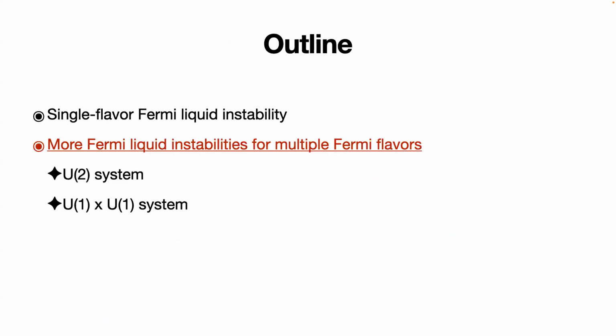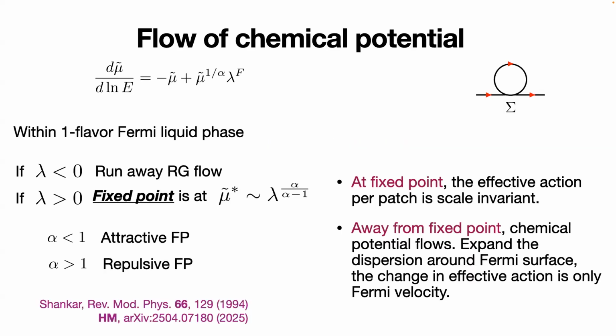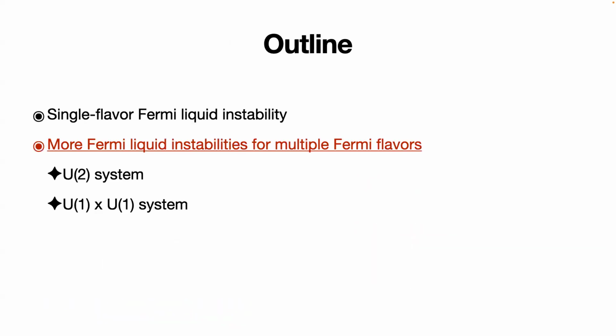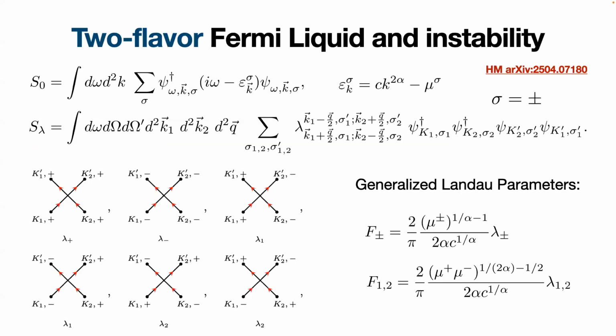Okay, so it will not affect the Fermi liquid instability, because that instability always happens at attractive interaction. But things would be different if we have multiple Fermi flavors, because we can have more Fermi liquid instabilities, and one of them can have a chance to have scale invariance.